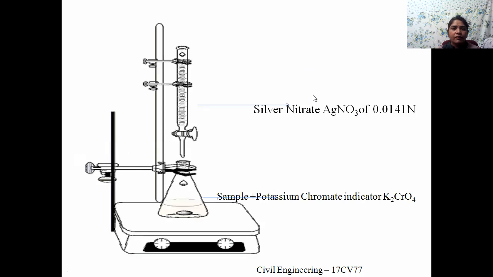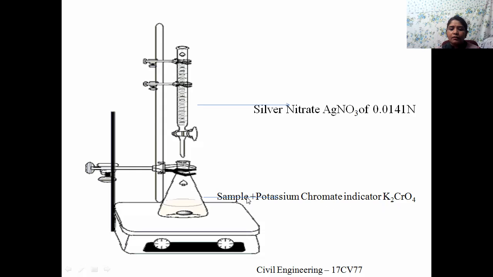You can see the figure here. The figure shows the burette stand, the clamp, and the conical flask. In the burette, we have added silver nitrate, the titrant AgNO3 of 0.0141 normality. The conical flask has the sample plus potassium chromate indicator K2CrO4.